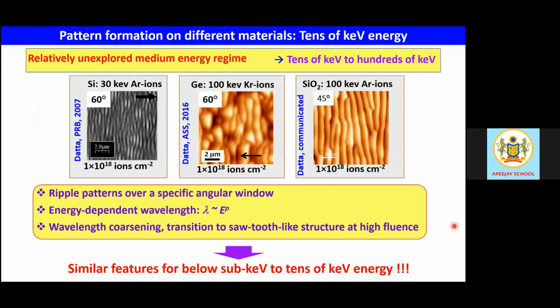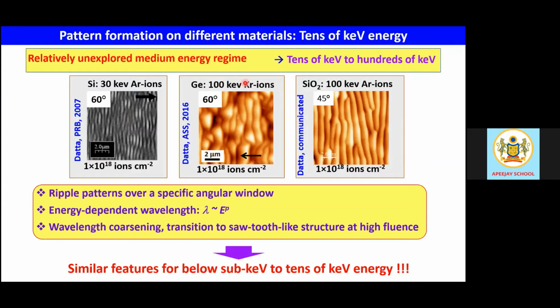Now look into this case, where once again I'll show you what happens when this pattern formation takes place on silicon or germanium or other material like SiO2 by using tens of keV energy. So you see ripples actually get coarsened, that we saw yesterday through that linearly increasing wavelength with energy. So this is nothing new.